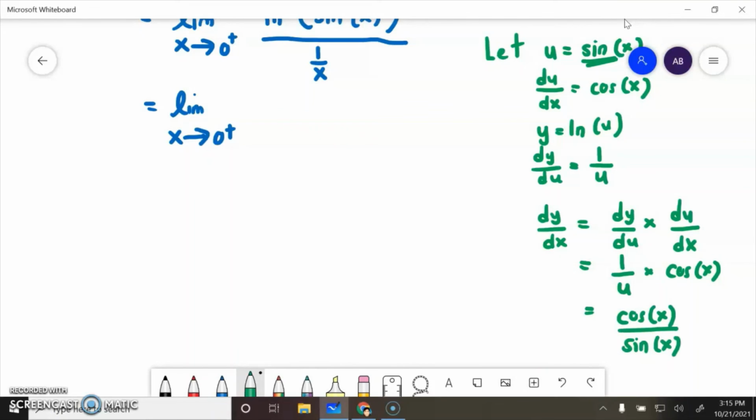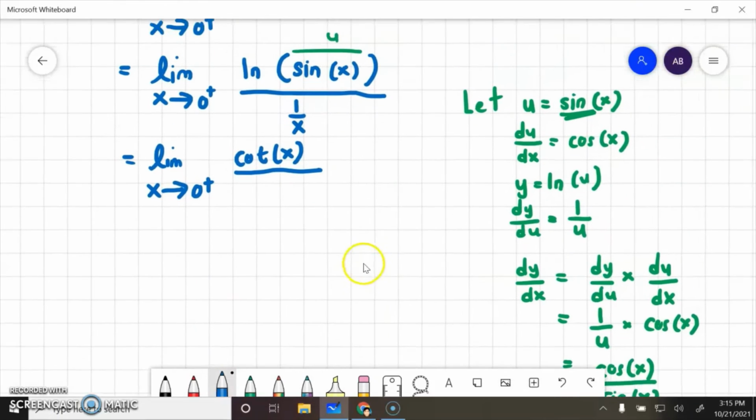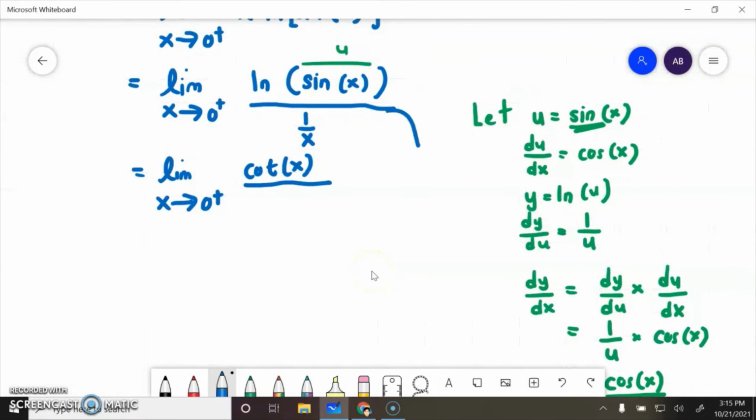What can I write this as? This is 1 over tangent, which is cotangent. So I'm going to write this as cot x, the derivative of ln sine x.